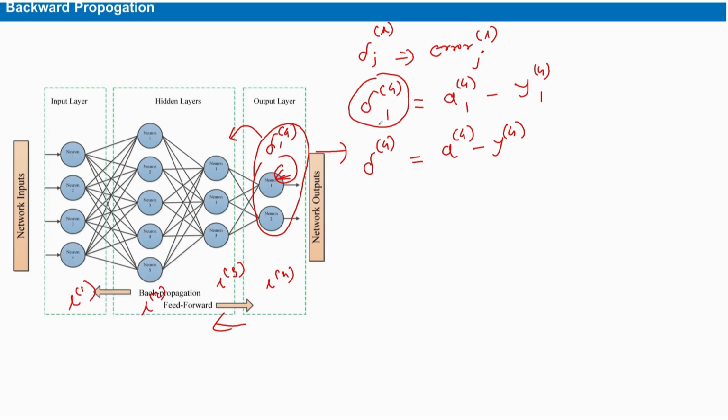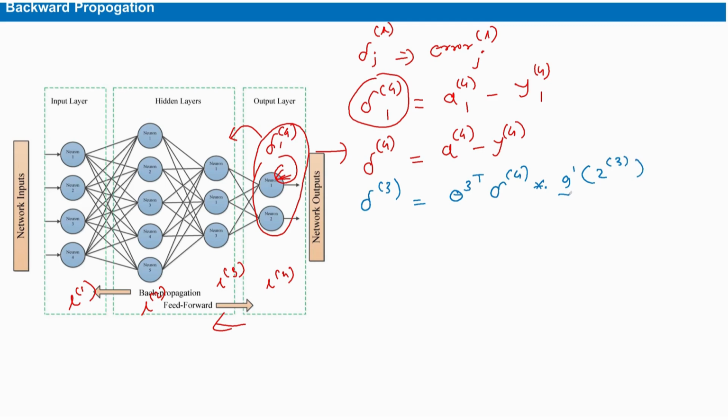Delta 3 is equal to theta 3 transpose, matrix multiplied with delta 4, then element-wise multiplied by the derivative of the activation function applied to the linear computation of layer 3.